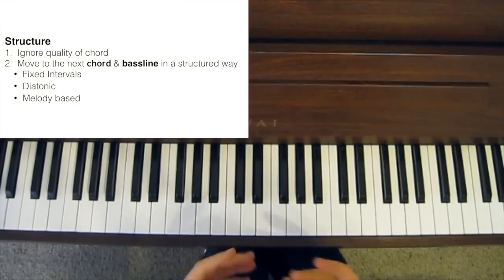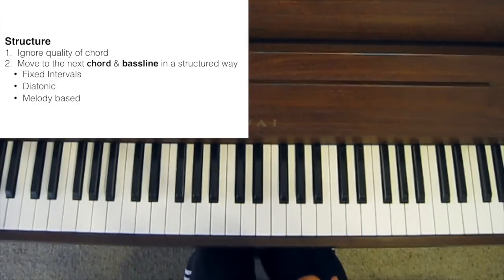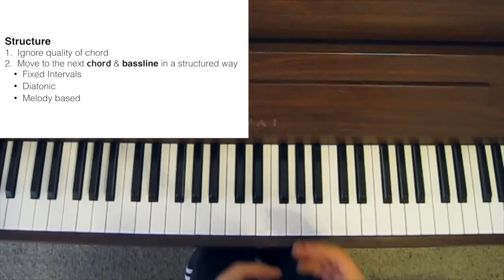Now when I say you want the chords to move in a structured, logical way, essentially that means they should move either in fixed intervals, diatonically, or somehow be based around the melody.